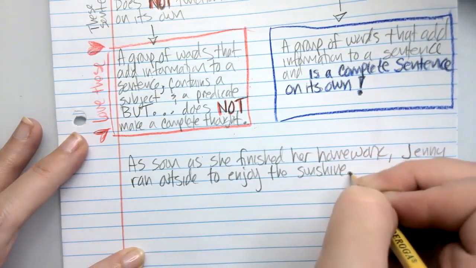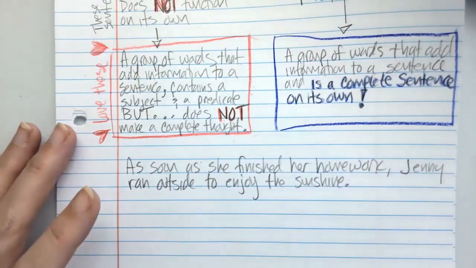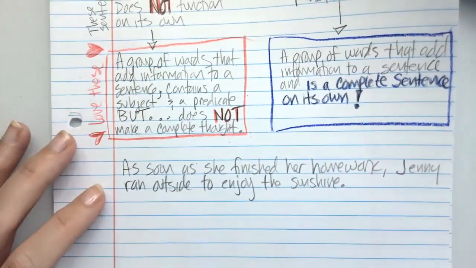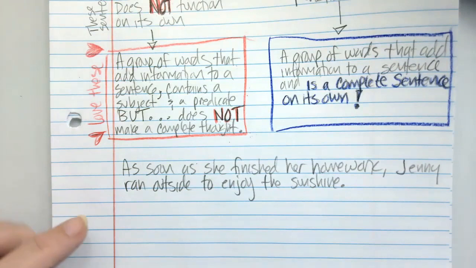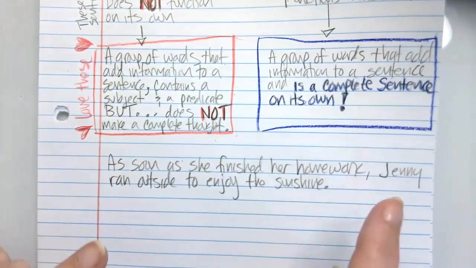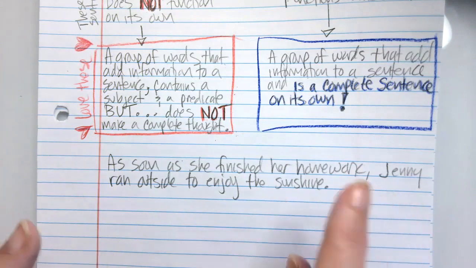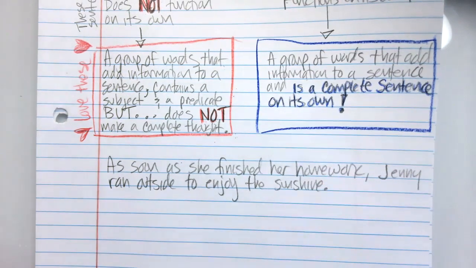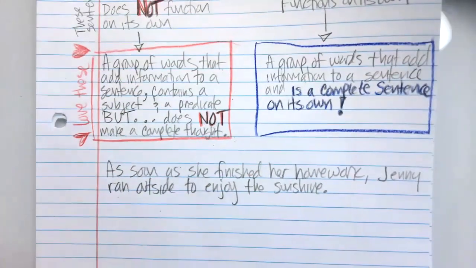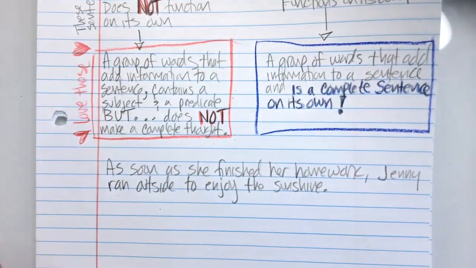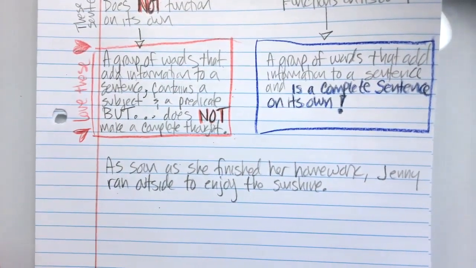Okay. Now, what we want to do is determine what part of this sentence stands all on its own. So we're going to read it and we're going to use the comma maybe to help us. These are not always separated by a comma, but if we do have a comma, we can see if maybe that's a helpful tool for us. As soon as she finished her homework, are you left wondering what?